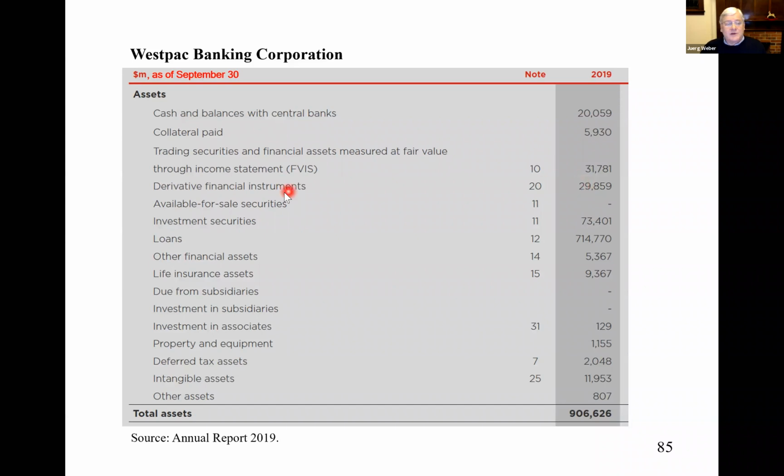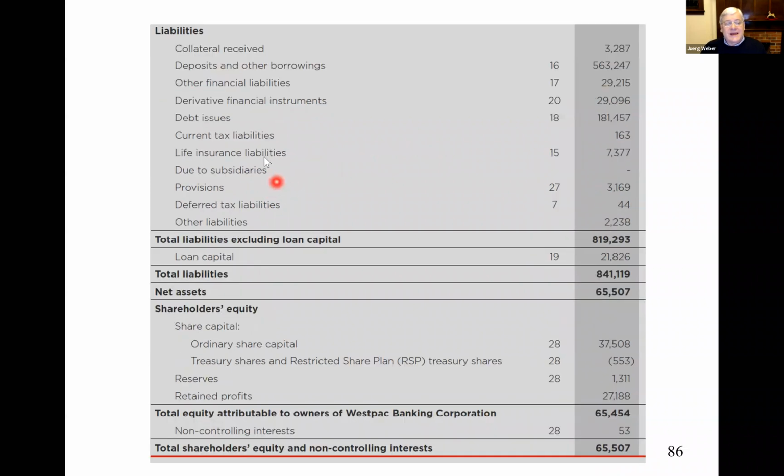But it also has options and futures with negative value. So we have derivative financial instruments amongst the liabilities. It's also $29 billion, a little bit less. Here we have forward and futures contracts, options, also swaps, with a negative value of $29 billion. So it belongs to the liabilities. It's a liability of the bank.